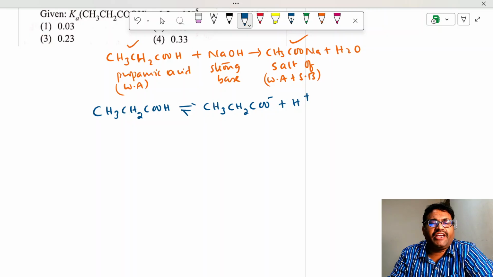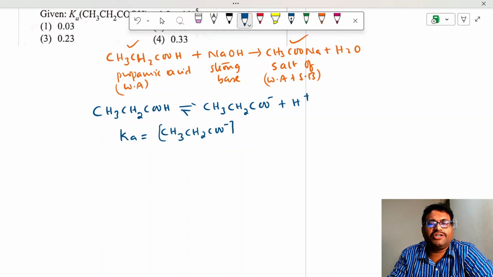Now if you write Ka, the dissociation constant of an acid, it is the concentration of CH3CH2COO minus into H plus concentration, divided by the concentration of CH3CH2COOH.